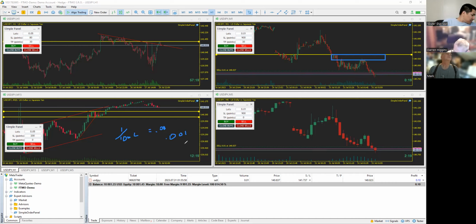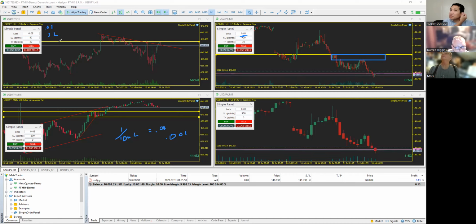So I actually size my trades differently because 0.01 is my lowest that I can go. On the 100K account, I had it at 10x. So I had a one lot right here and a 0.01, right?